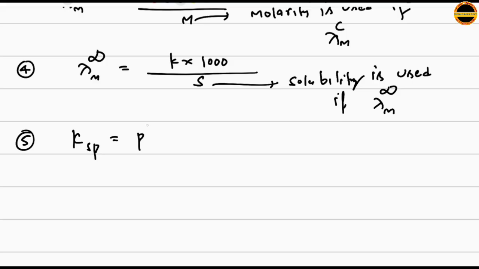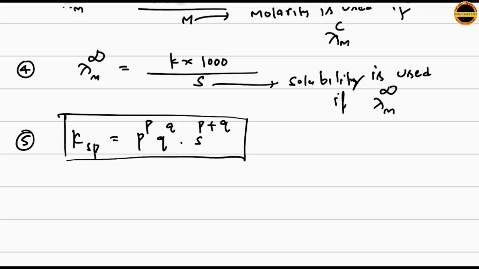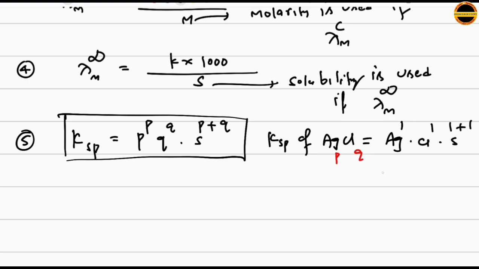So the general formula for KSP I am giving is P power P, Q power Q, S power P plus Q, as the general representation of solubility product. For example, KSP of AgCl is equal to Ag power, what is P and Q here? See here it is P, it is Q. So Ag power 1 into Cl power 1 into S power 1 plus 1.